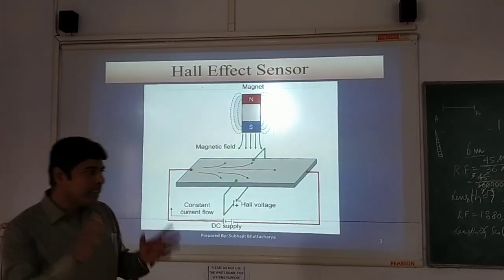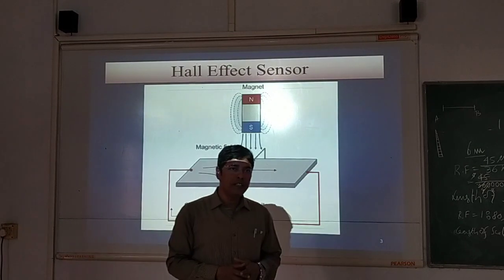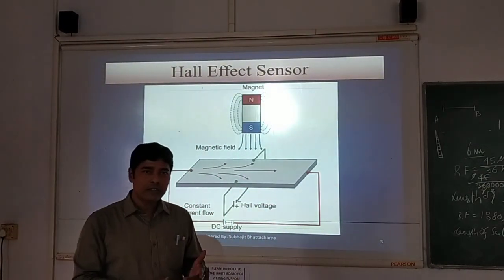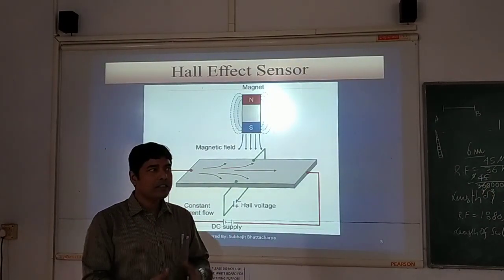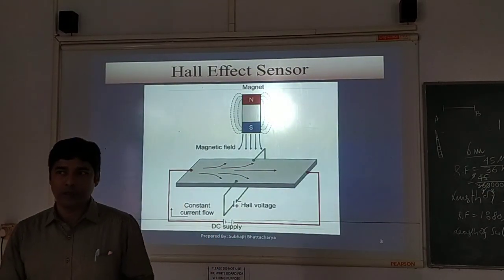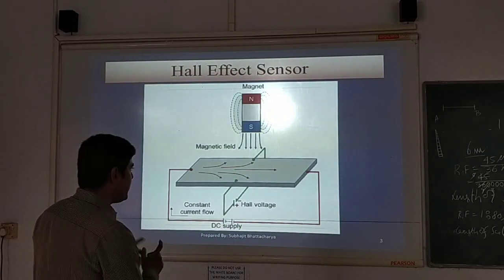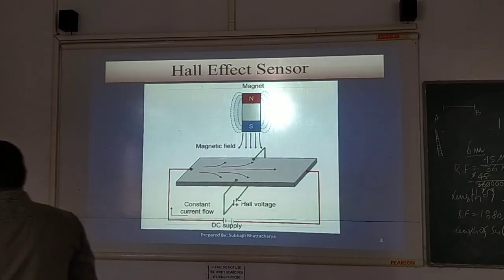At the same time, if some electric field is there in that space, then the charge will experience the electrical force. The vector sum of this electrical force and magnetic force on a charge is known as the Lorentz force, and that principle is used in Hall effect sensors.